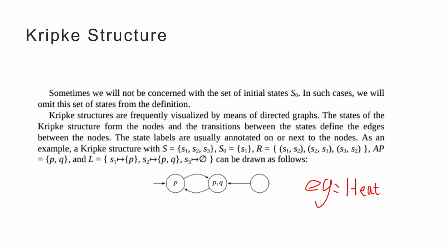For example, in the earlier microwave oven example, whether the microwave oven is in the heating state can be represented by the atomic proposition heat. Each state has its corresponding atomic propositions, and this mapping relationship is described by L. Moreover, the Kripke structure can be more intuitively represented as a directed graph, as shown in the diagram.